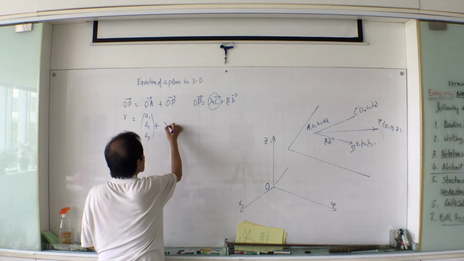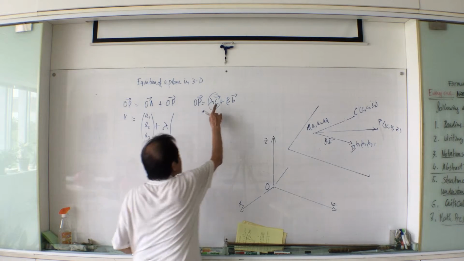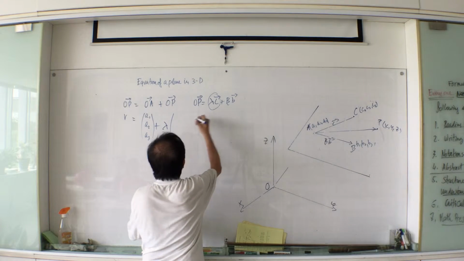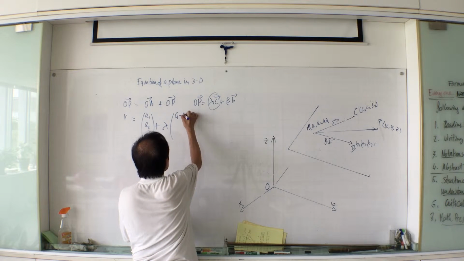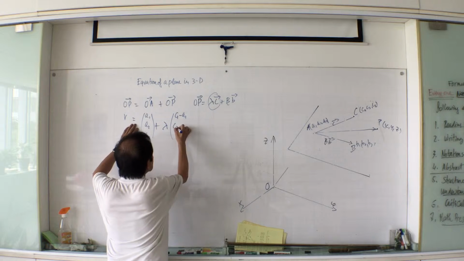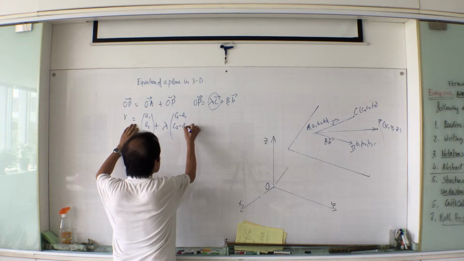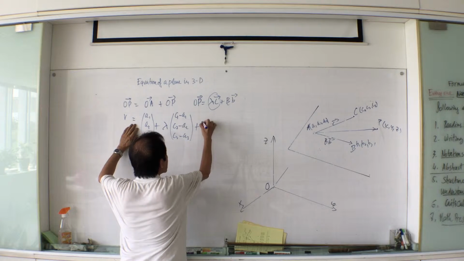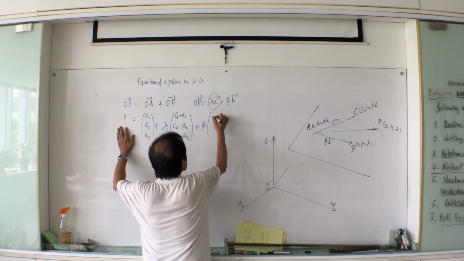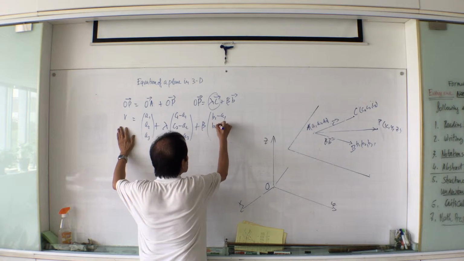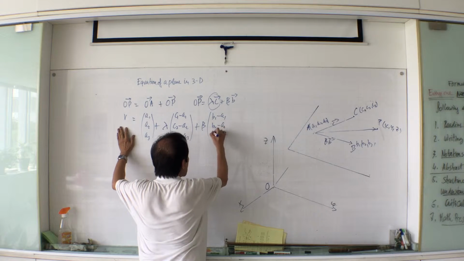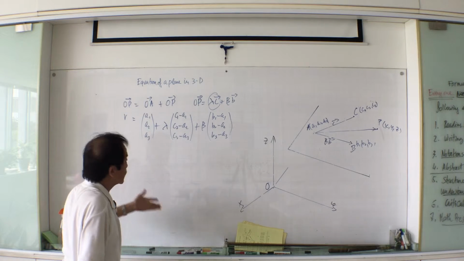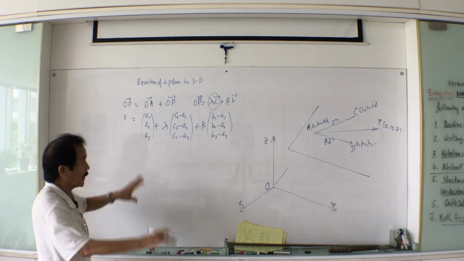You have lambda times vector C here, which equals C1 minus A1, C2 minus A2 and C3 minus A3. Then you add with beta times B1 minus A1, B2 minus A2 and B3 minus A3. So this gives you a vector equation of the plane.